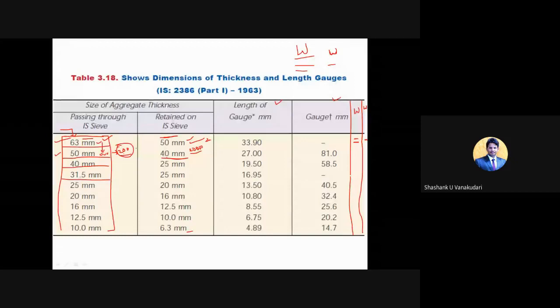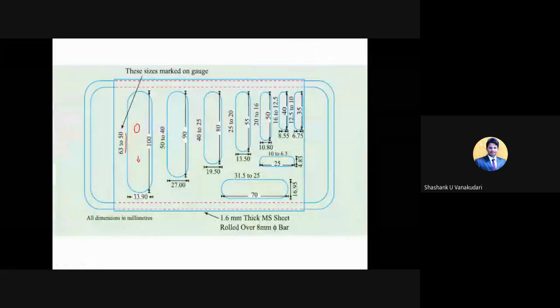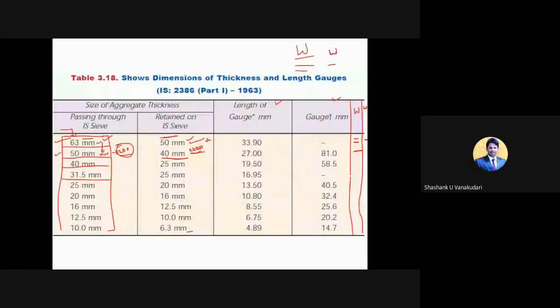Like that, 50 mm passing, 40 mm retained. This 200 particles weight, that one you mention here. Clear? And then the aggregates which are passing through 50 and which are retained in 40, those aggregates you pass in this portion. The aggregates which pass from this portion we write down here.